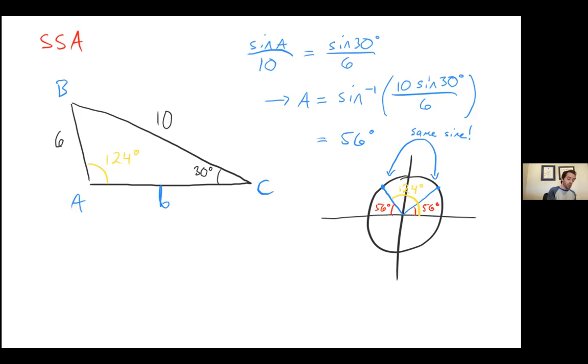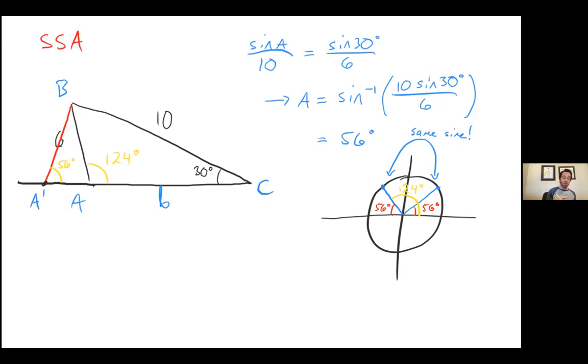The other solution is going to be if the 6 is this way. So this angle right here, this is going to be the 56-degree angle solution. So it's important to know that this triangle has not one, but two solutions. And this is not breaking the rules of math.